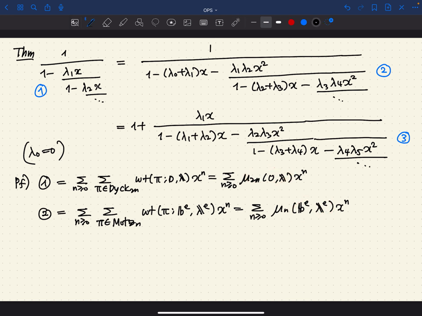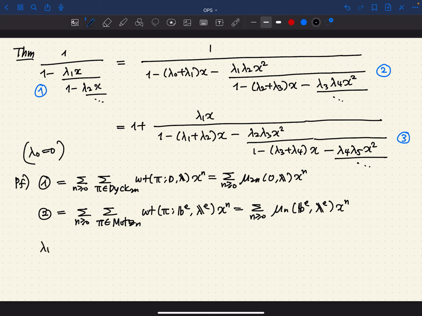And for the third one, we know that 3 equals the sum over n greater than or equal to 0, but before directly writing 3, let's look at this first.